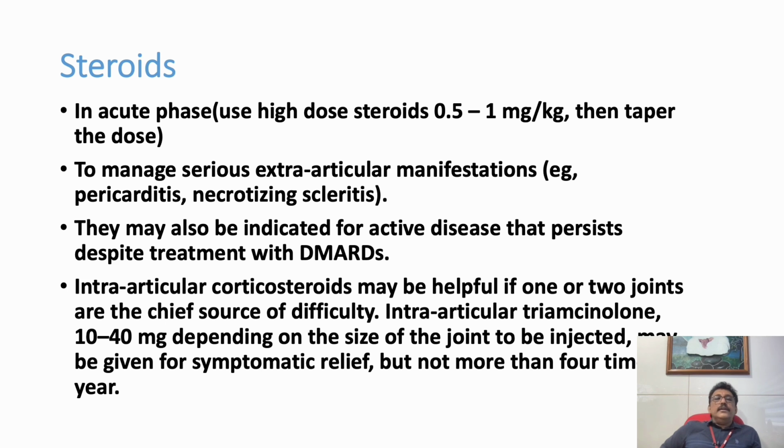Then discontinue the steroid, because steroid has got a lot of side effects like diabetes, hypertension, osteoporosis. So many side effects are there. So steroids can be started as a bridge therapy between the acute symptoms and the onset of DMARD treatment.